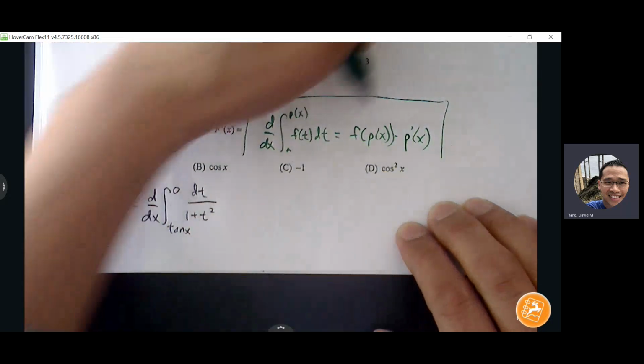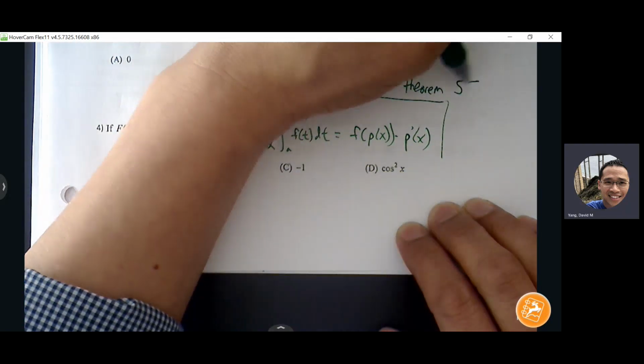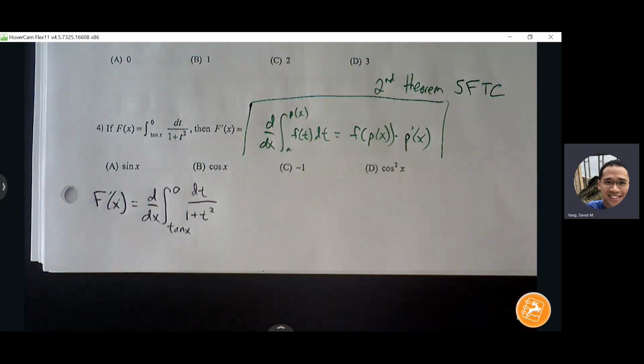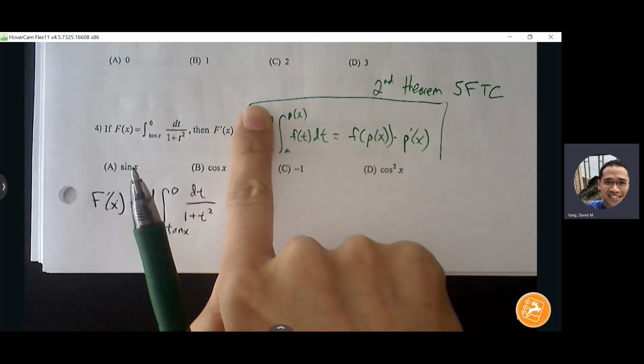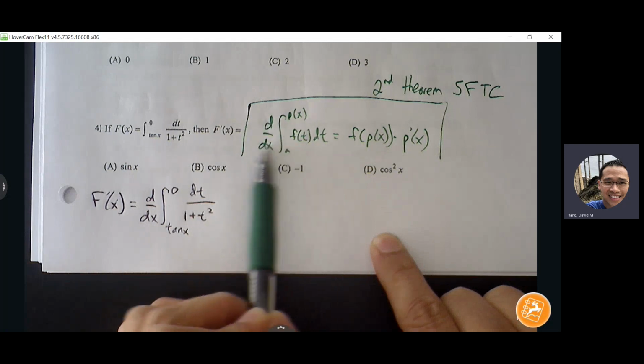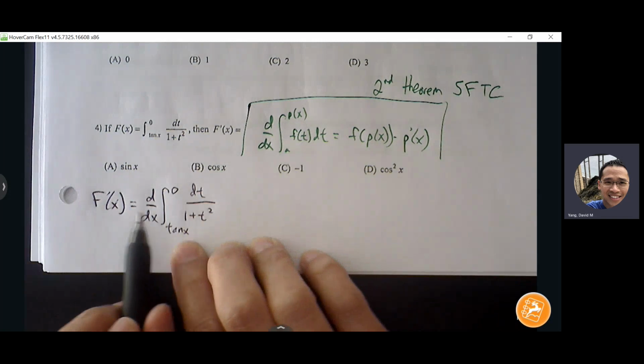This is the second theorem, yeah. So the second fundamental theorem of calculus. Now, how can we tell that we want to use the second theorem? If you have two operations that are lined up to apply onto the same expression, that's a good indication, right? If I want to find the derivative of an integral, that's an indication that we can use that shortcut method to jump to the end without having to do both processes and go forwards and backwards. So we can apply the second theorem here.